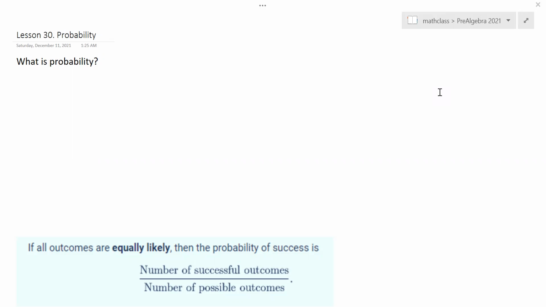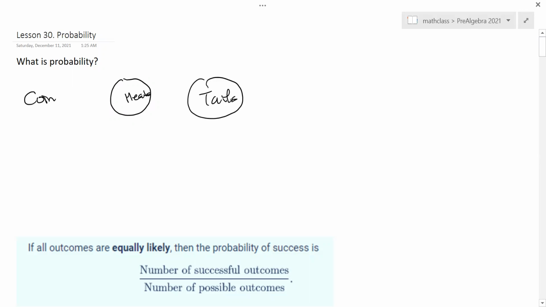If you have a coin, the coin has two sides. One side is heads, the other side is tails.